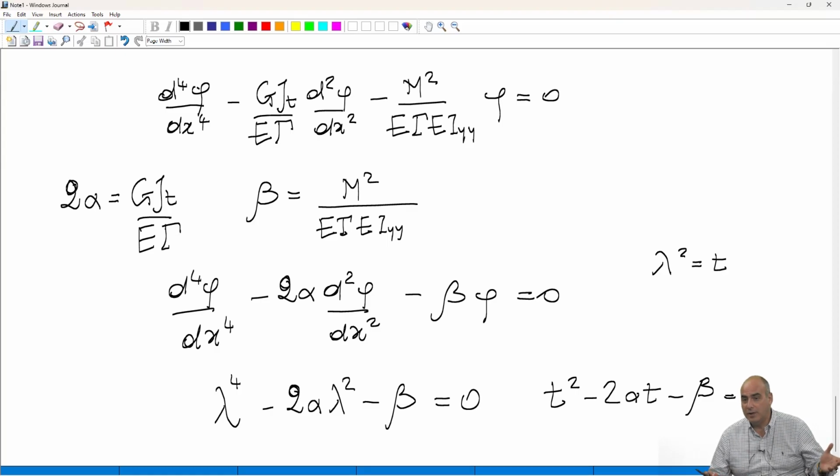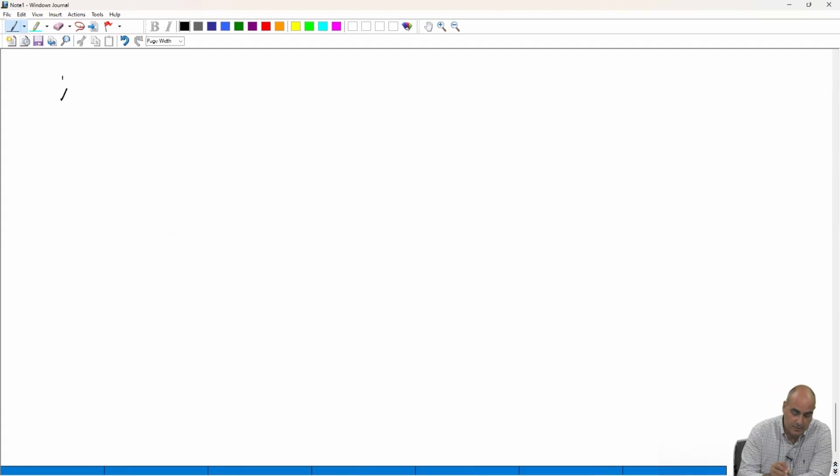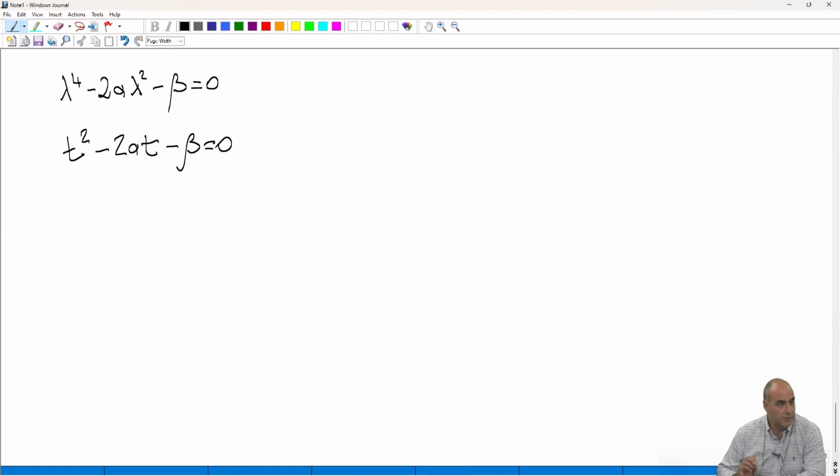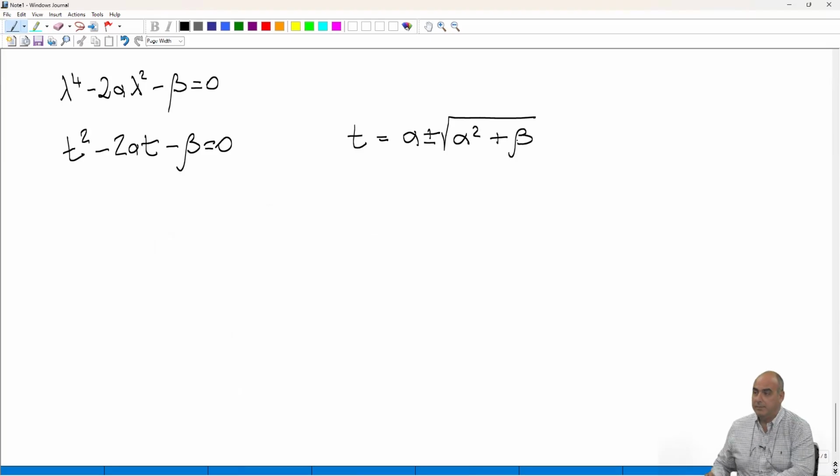Well, this is a second order equation that I can solve easily. So the equation is lambda to the 4 minus 2 alpha lambda squared minus beta equal to 0, which becomes t squared minus 2 alpha t minus beta equal to 0. And the solution of this equation is t equal to alpha plus or minus the square root of alpha squared plus beta.